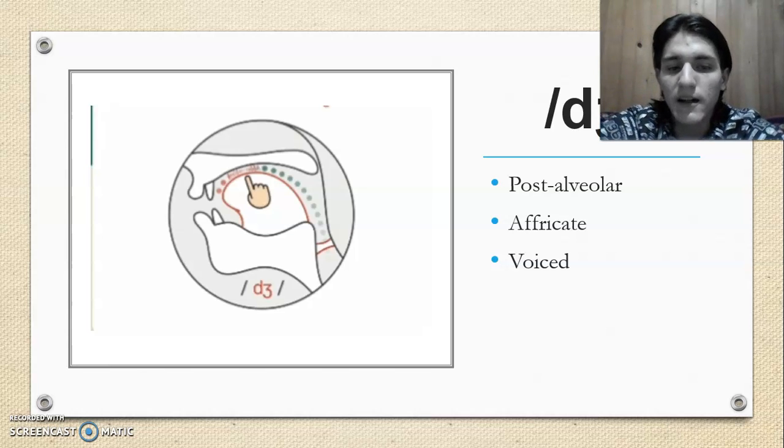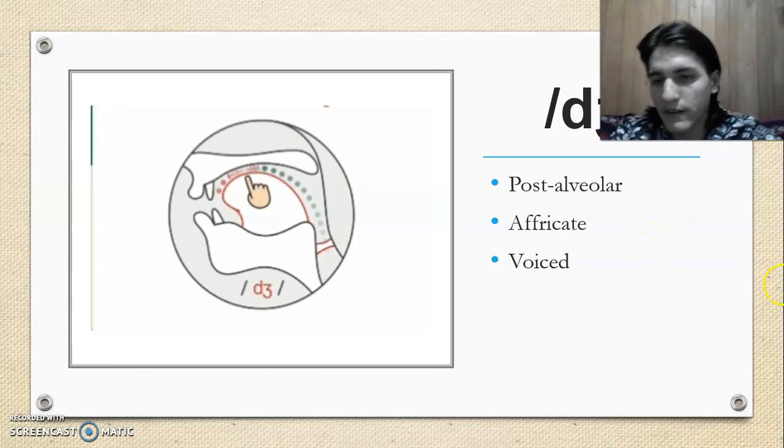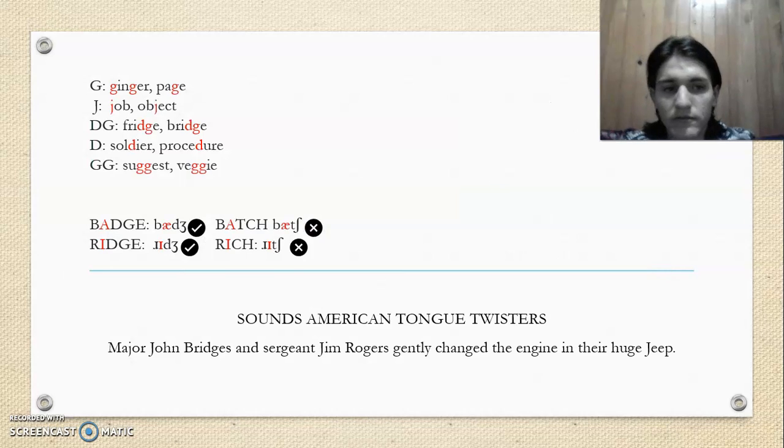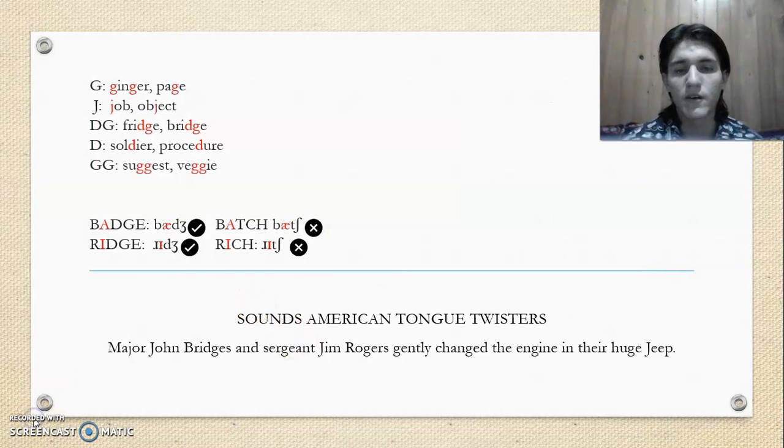Well, here we have some examples. It can be different letters and it can be in different words. Like, it can be a G in ginger, page.